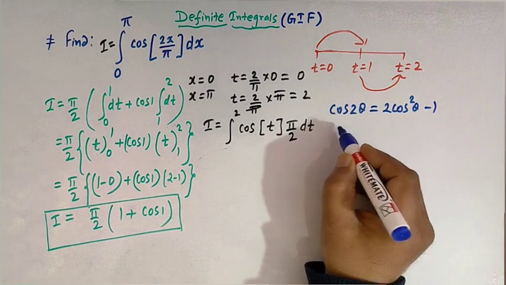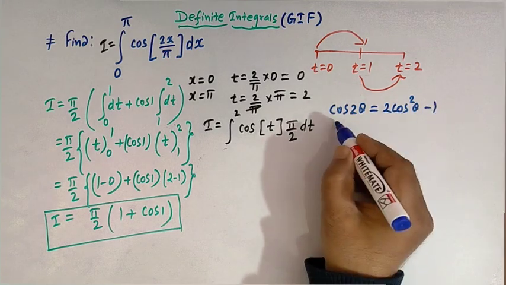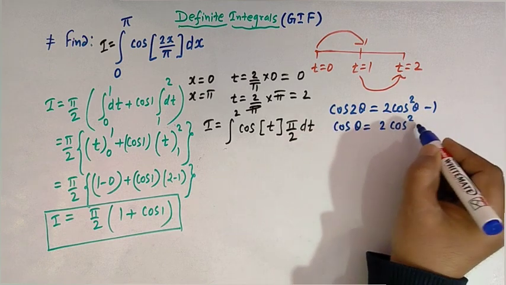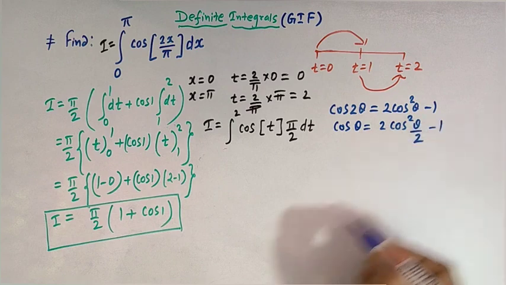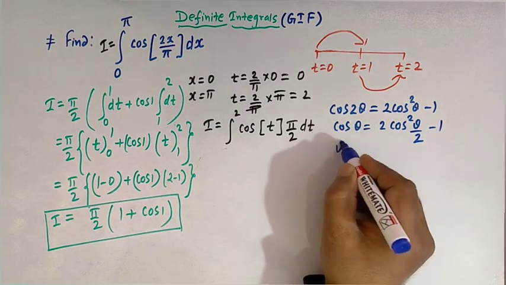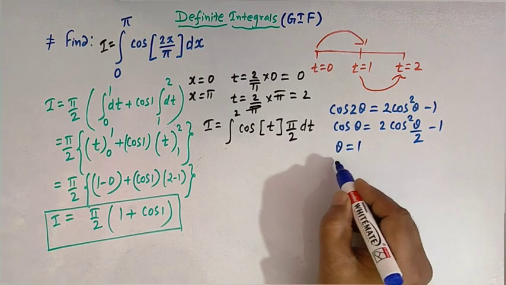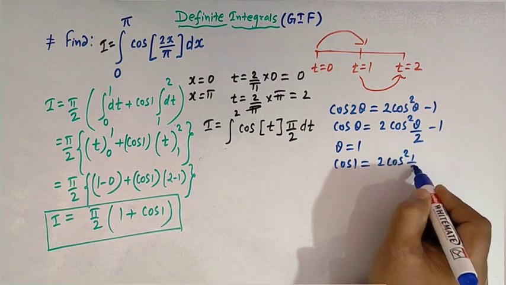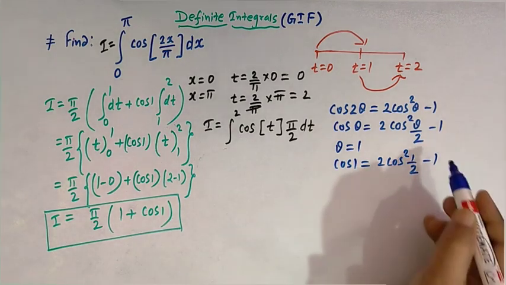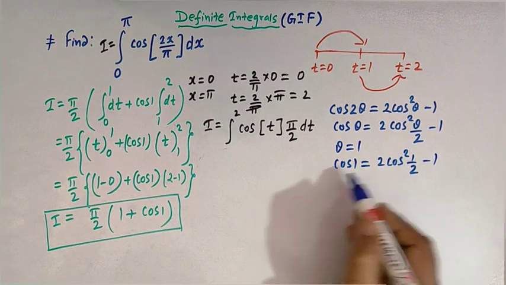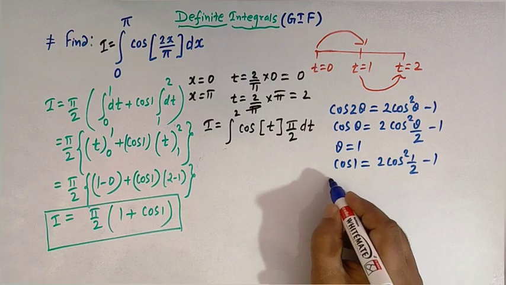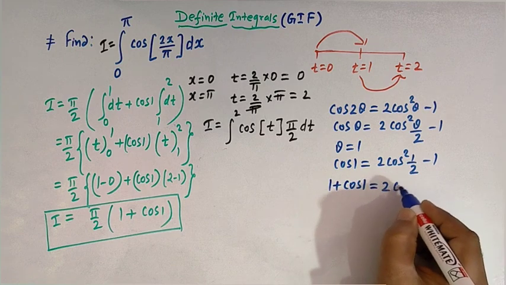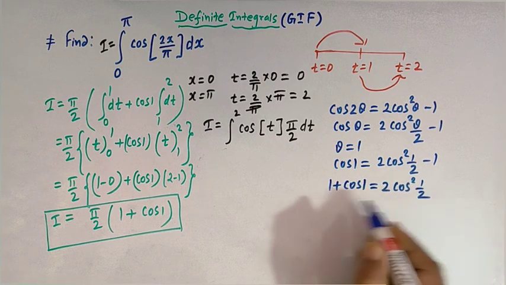So now we can write the half angle formula like this: cos of theta is 2 cos square theta over 2 minus 1, right? Now if we take theta is equal to 1 here, then we will have cos of 1 is 2 cos square half minus 1, right? Now take this negative sign to this side, that is minus 1. So we can now write 1 plus cos of 1 is equal to 2 cos square half, right?